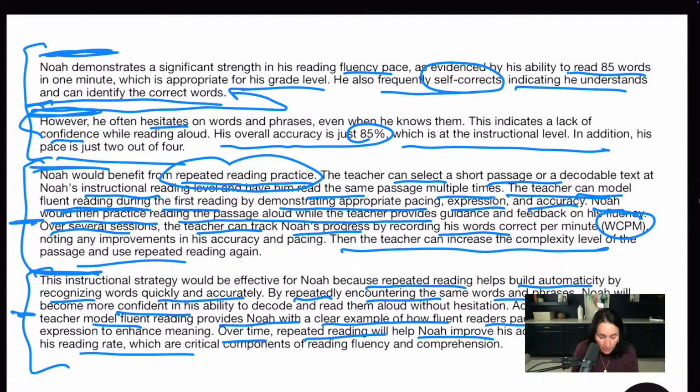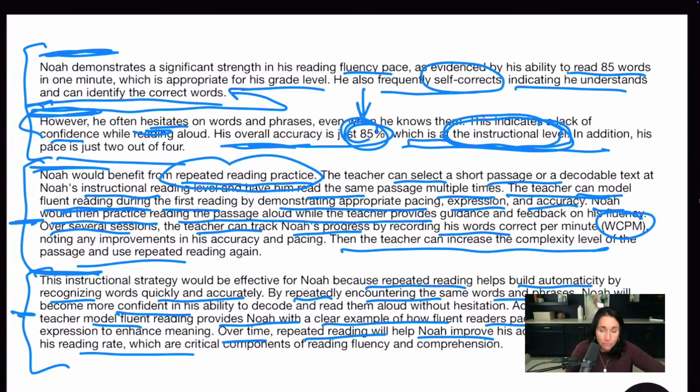Notice that I said his overall accuracy is just 85%, which is at the instructional level. This shows that I have content knowledge. I know that 85% is the instructional level, which is covered in the study guide and the online course, because you didn't just do a bunch of practice tests over and over again.